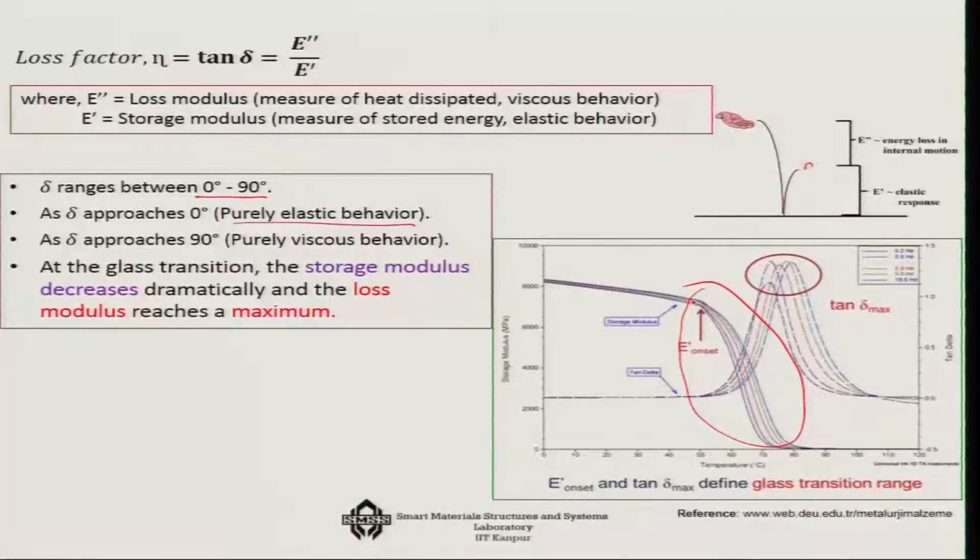Now, if you really look at it, a polymer at this stage is like a long chain, and the main chain of the polymer may have some side chains also, as I told you earlier. Everything remains frozen because of the low temperature, but from around this point onwards, the polymer may get itself mobilized in this kind of form.